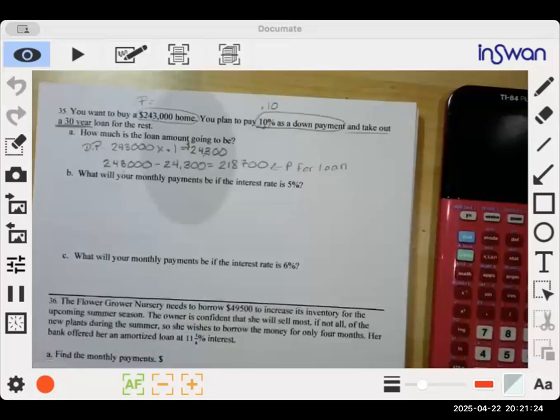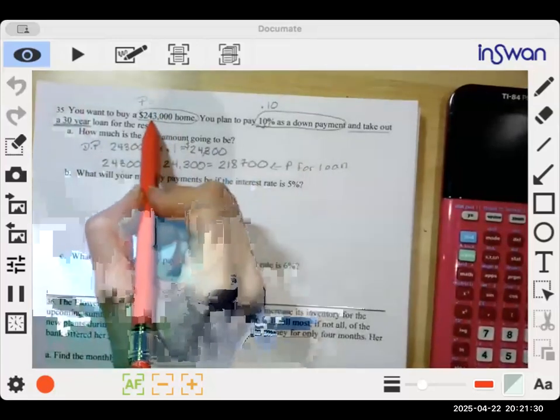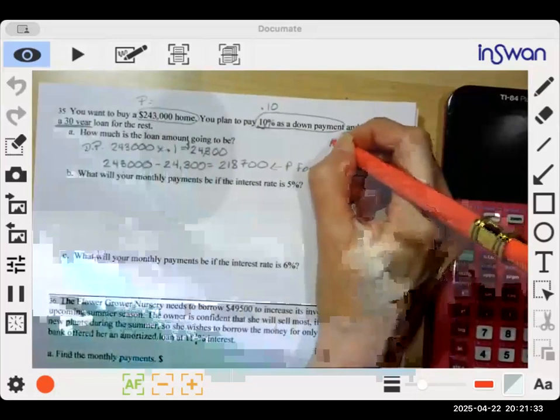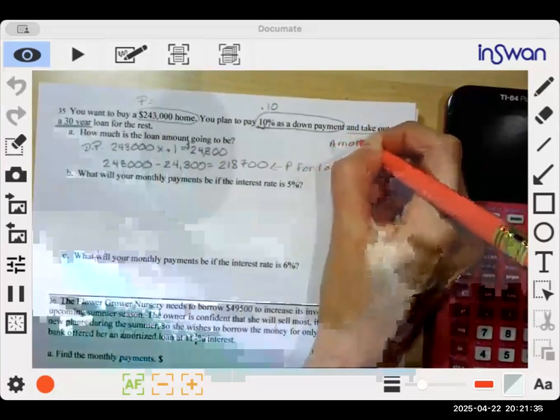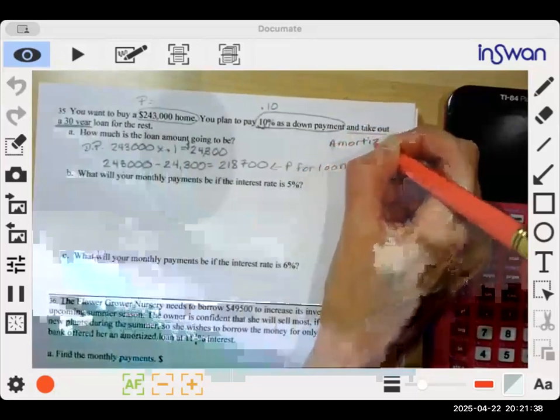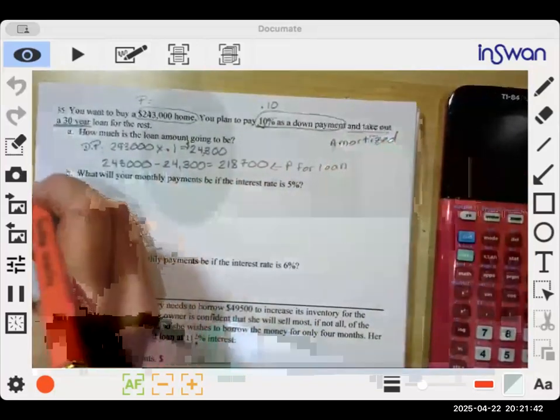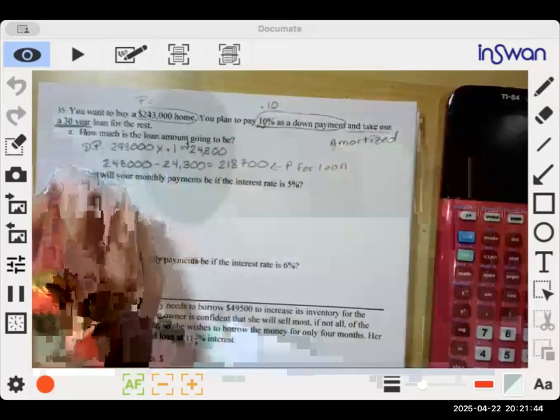So this is kind of a nasty one where it doesn't even say amortized in it, but when you have a large amount of money, just realize that it's going to be amortized. So we're going to use that formula again.